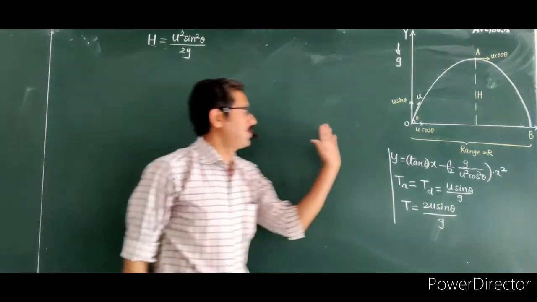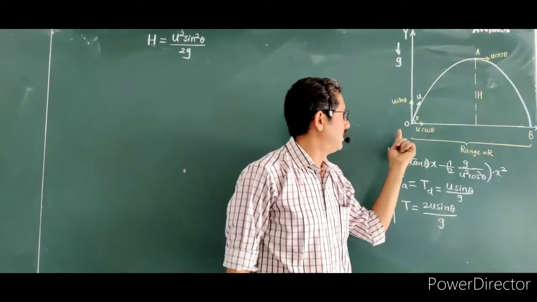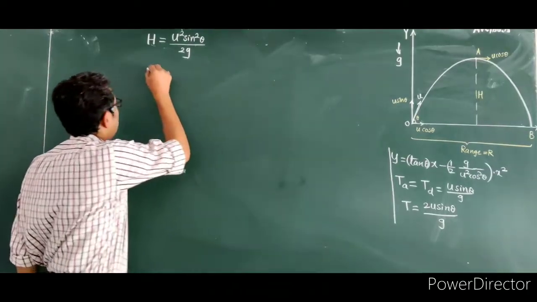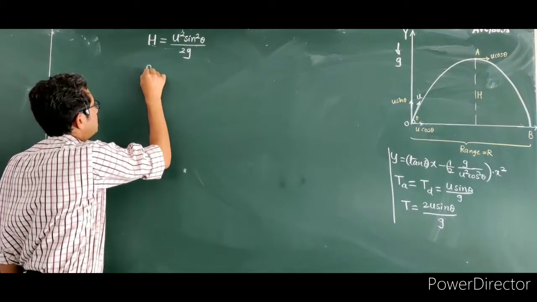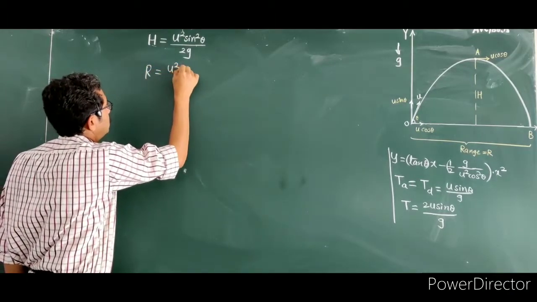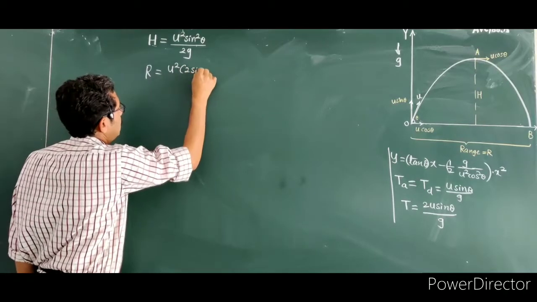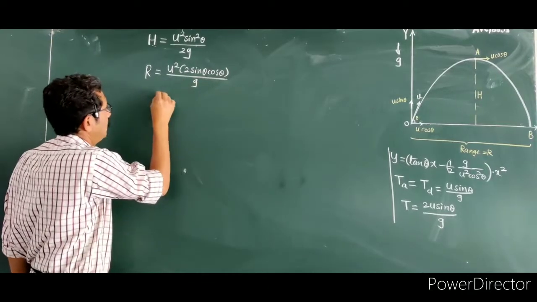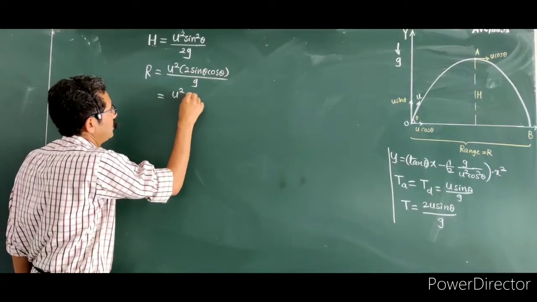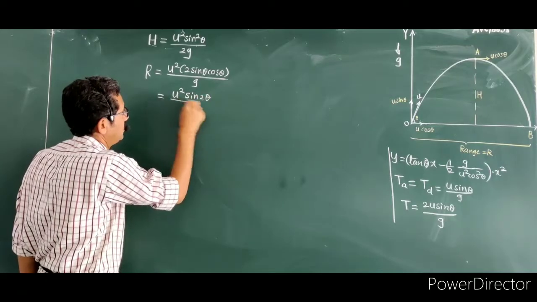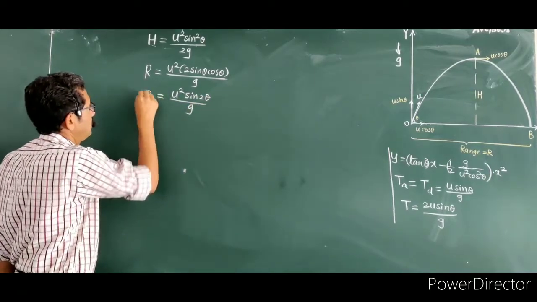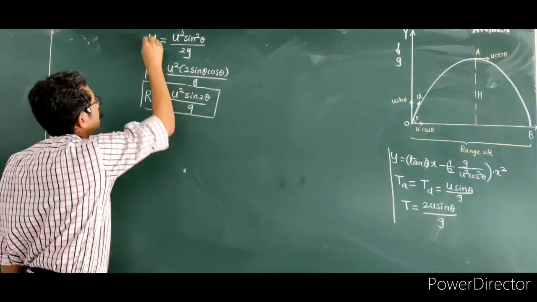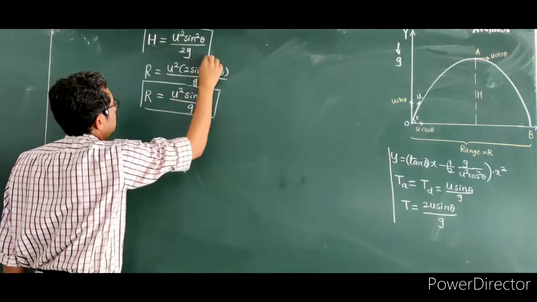And the maximum horizontal distance the projectile would reach, called the range of the projectile, O to B, was proved to be equal to u squared into 2 sin theta cos theta upon g, which can also be written as u squared into sine of 2 theta upon g. So all these things we have derived till now. This height h was also proved.